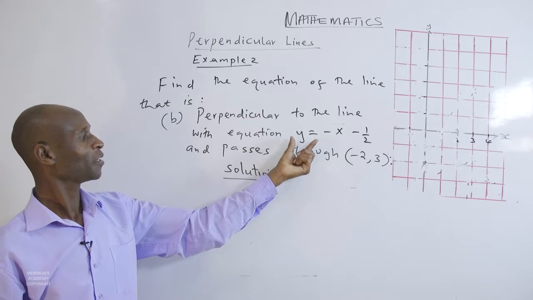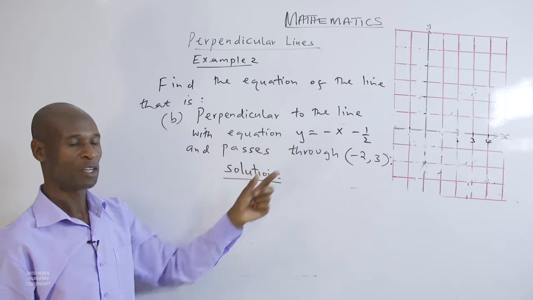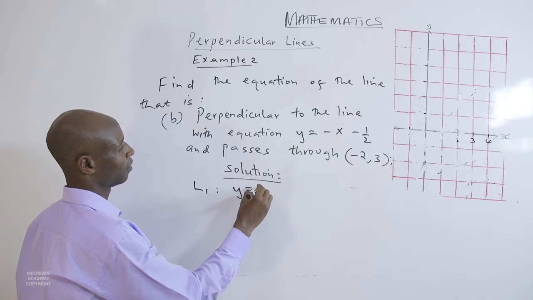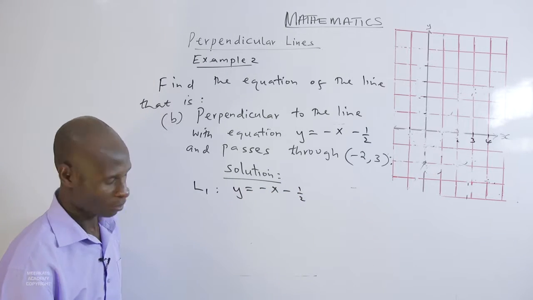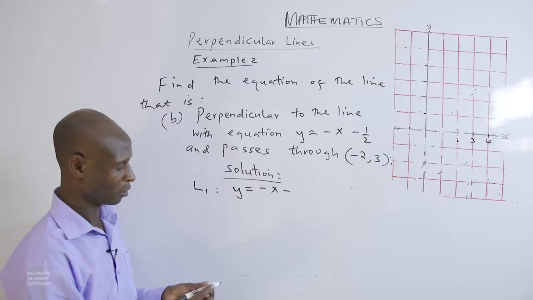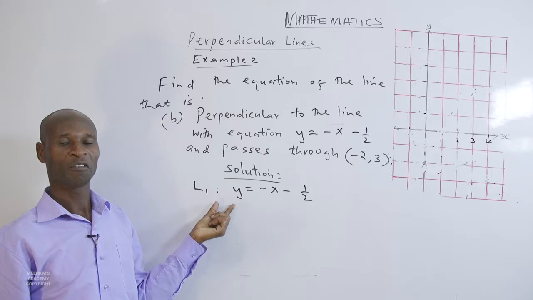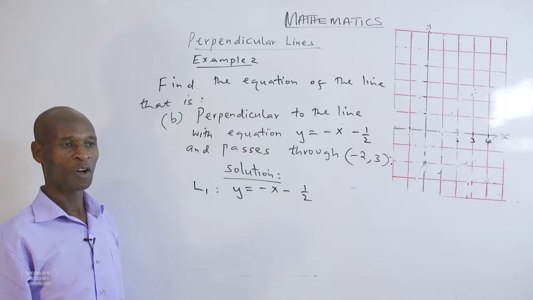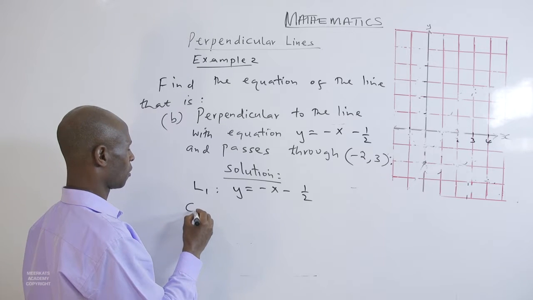So the first thing, we write down the equation of line 1. So once we have written down the equation of line 1, which is y is equal to -x minus a half, we compare with the general equation of a straight line.